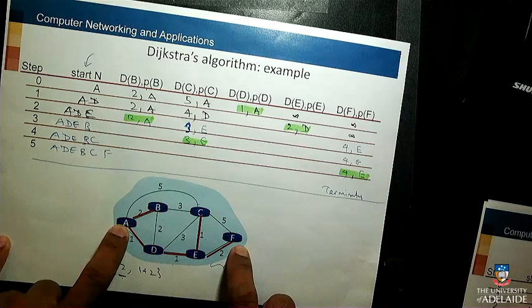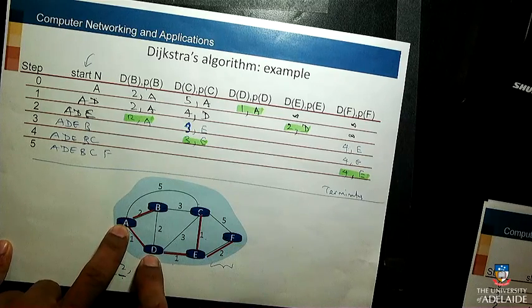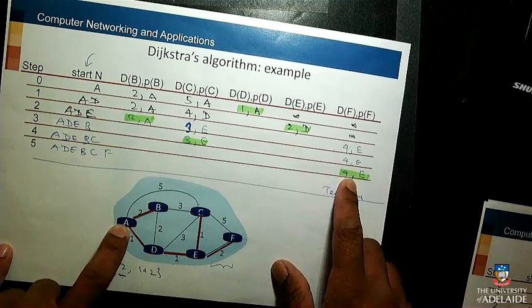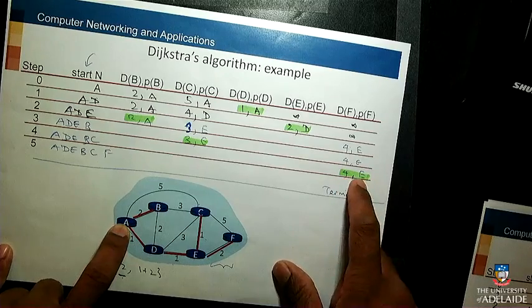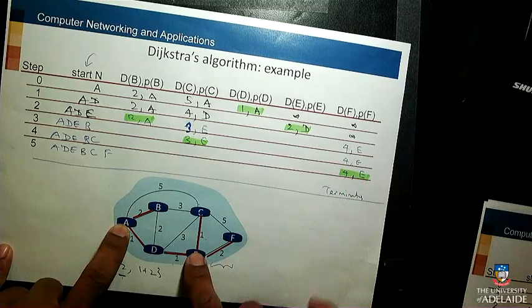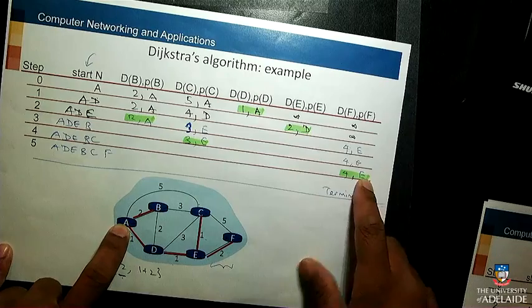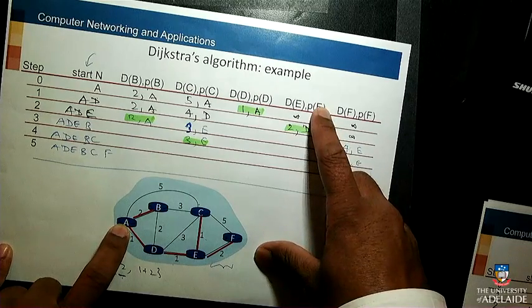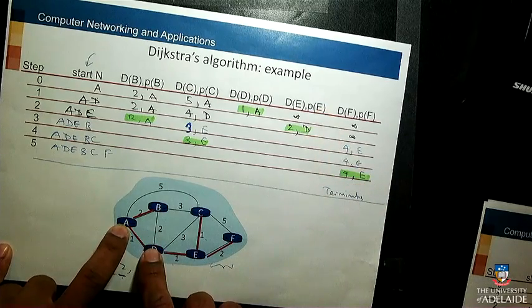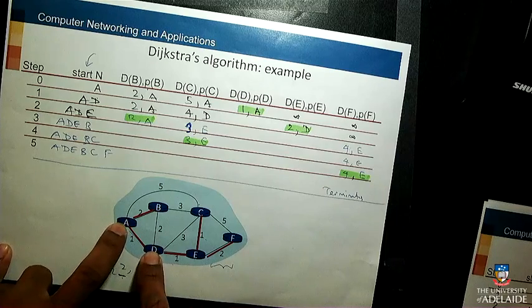To D. How did you guys get D? Because we know that if you want to get to F, we should send it to E, right? Yes? And if you want to get to E, where should we send it to? D, right? So only thing A needs to know is the next hop, which is D, right?